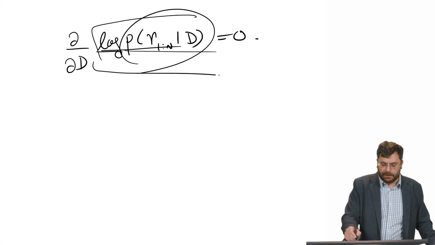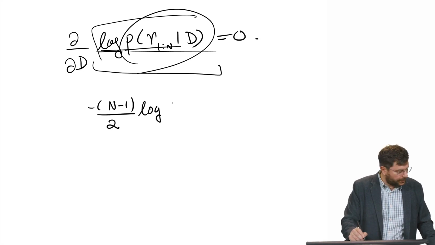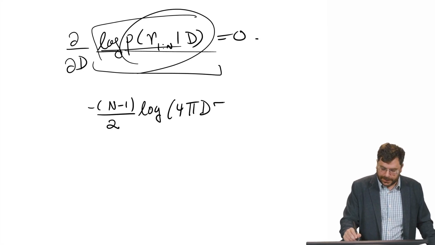So the log of the likelihood is n minus 1 divided by 2 log of 4 pi d tau.